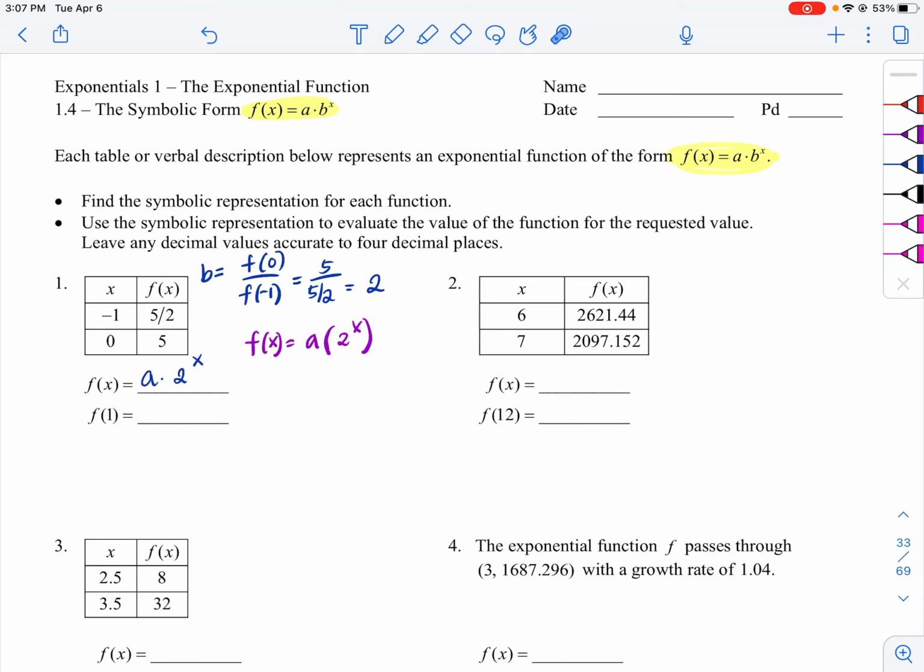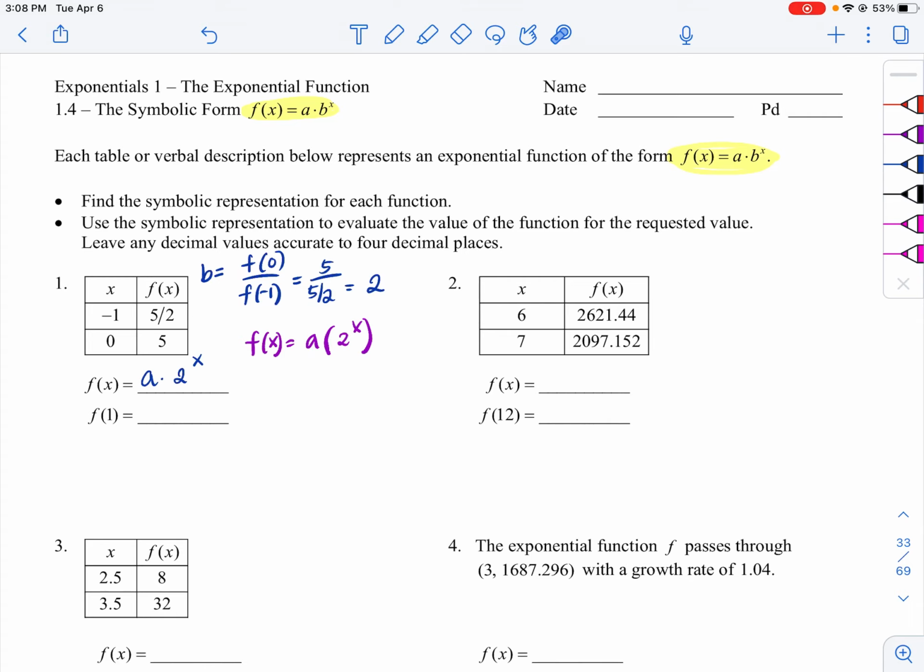In order to do that, I need my f of x and I need my x. I have my f of x values here and my x values here. That means I can use these points to find the a value. Does that make sense? Now, which points do I use? Do I use negative 1 and 5 over 2, or do I use 0 and 5? It doesn't matter which one you use, but I think I'm going to use 0 this time.